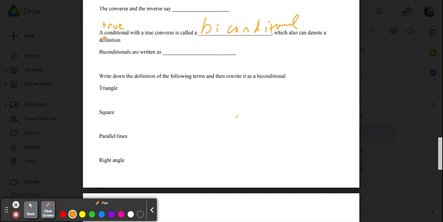A biconditional is written as P, which is our hypothesis, if and only if Q. And if and only if we can abbreviate as IFF.